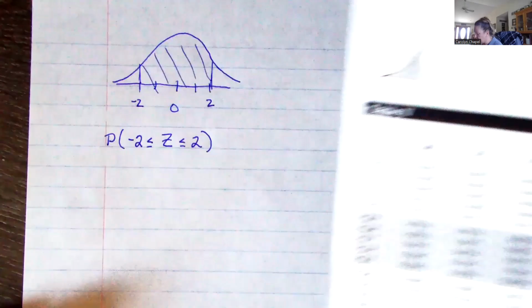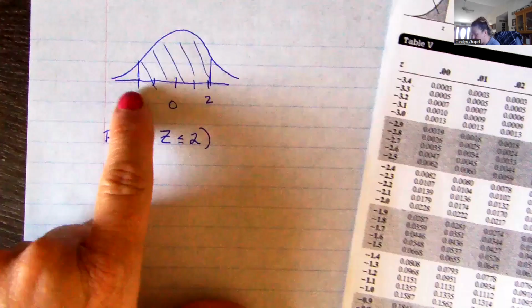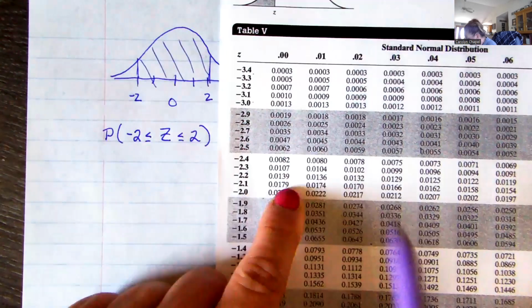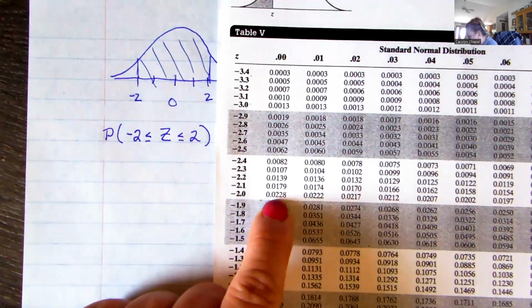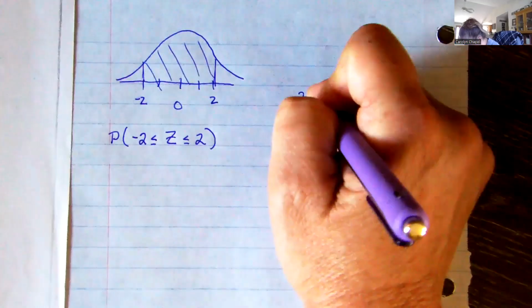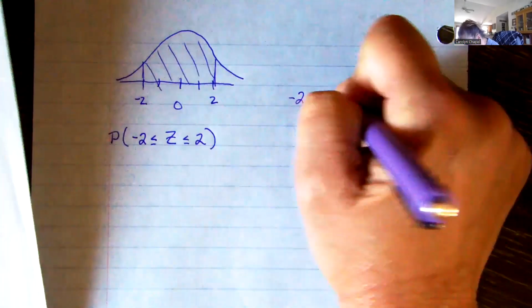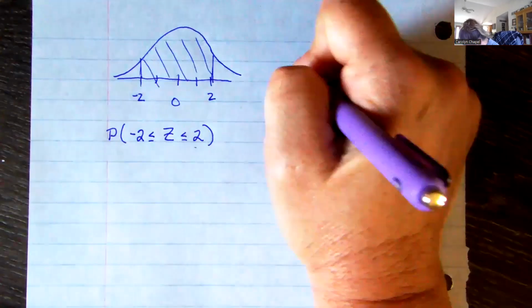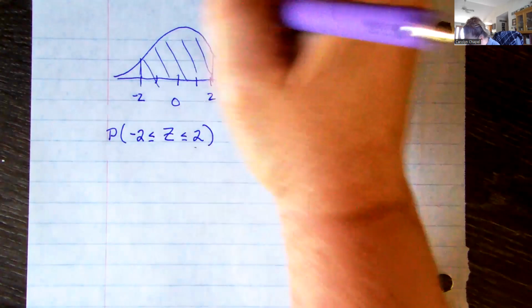All right, so I'm going to look up the -2 to get this little bitty area down here. So -2, and I want to do is 2.00. That's 0.0228. So I'll put that one here. I'm going to look up the +2, which will go from this guy all the way down.